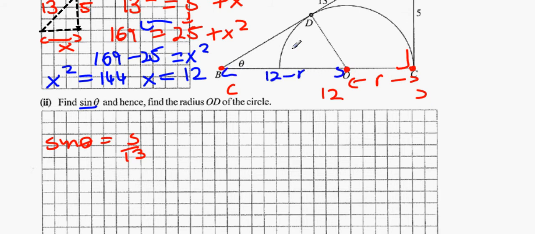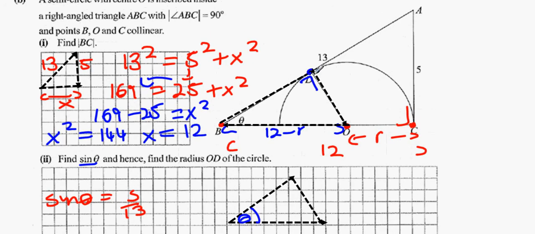Now if we were just to write out the triangle BDO, okay, so this triangle here is BDO. So what we have is theta is here. We know that this angle here at D is a right angle, and the reason why it's a right angle is that it's a tangent. It only touches once, therefore it has to be 90 degrees.